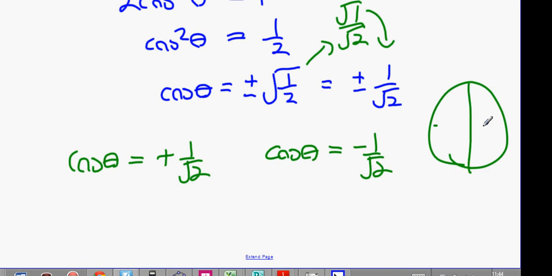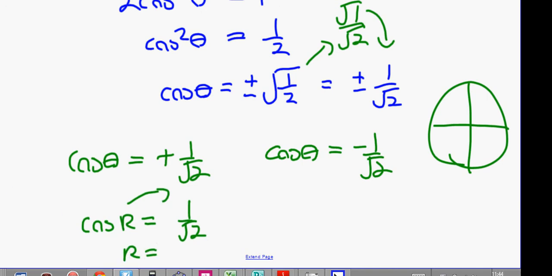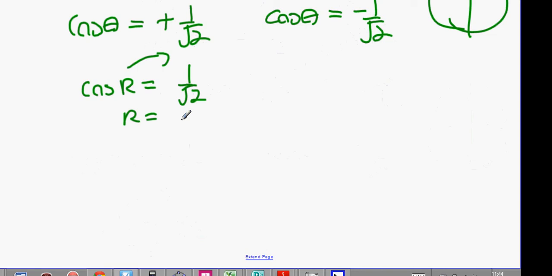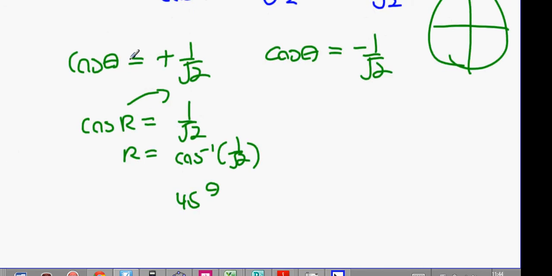ASTC. Now guys, what's the reference angle for both of them actually, as it turns out? Reference angle is 1 over root 2, cos inverse it, and we get the reference angle is 45. Now guys, this means the following. 45 degrees is an answer. Why is 45 degrees one of the answers? Because it's meant to be plus 1 over root 2.